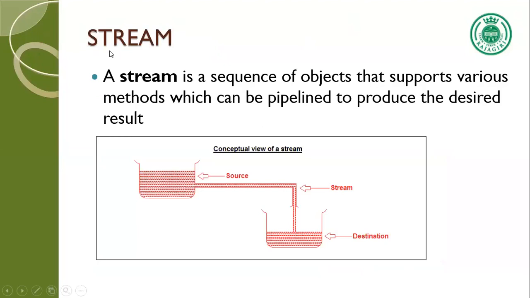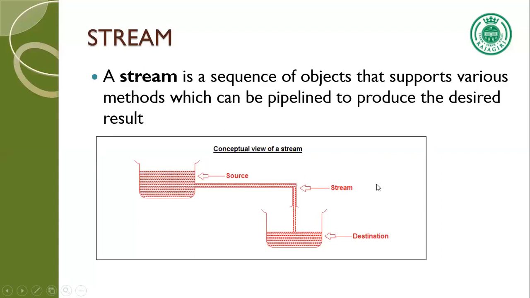You have already dealt with things like data input stream, data output stream, and all that. We will be learning in detail about what you mean by a stream. A stream is nothing but an object sequence which acts as a mediator between your source and the destination.